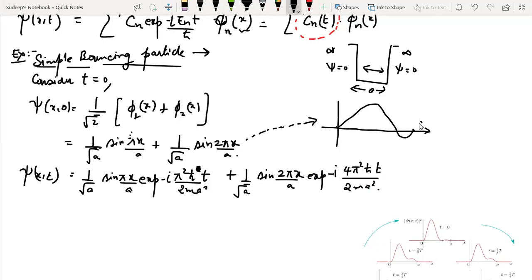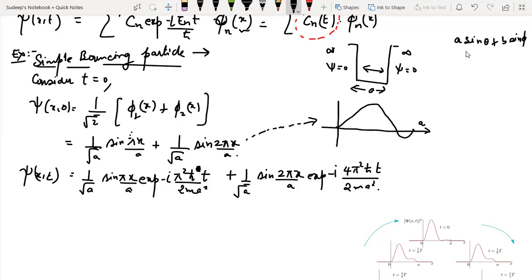So if I plot this particular thing, that is 1 upon root a, sine pi x upon a, plus 1 upon root a, sine 2 pi x upon a, then the graph happens to be this way. How can you plot it? That also I can tell you. It's very simple. Whenever you have to plot a sine theta plus b sine theta, try to make it in one particular form.